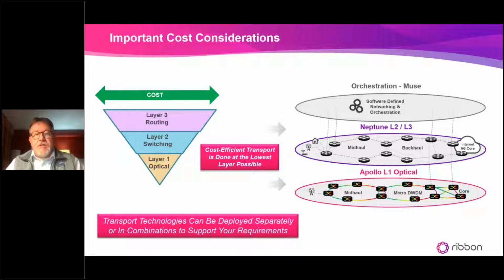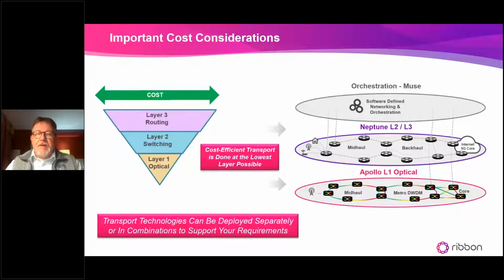What you'll see in this presentation is that we can take multiple layers and put routers where they're appropriate, which is generally not everywhere, switches where they're appropriate, and then underneath it all, a very cost-effective and efficient transport design. So cost-efficient transport, always done at the lowest layer possible.